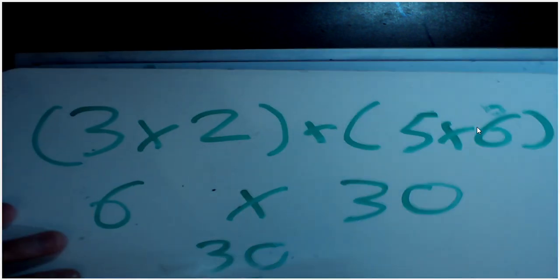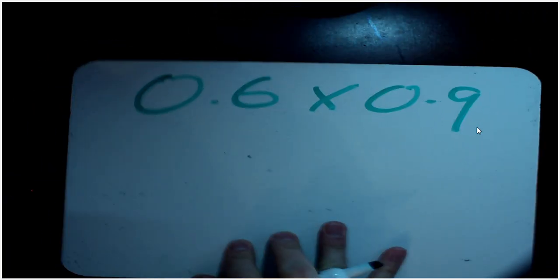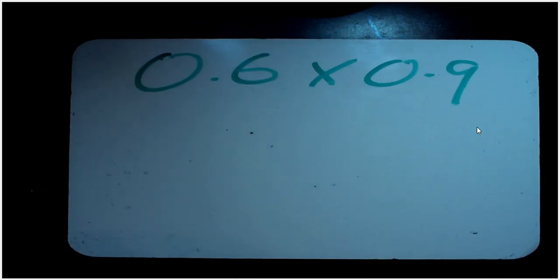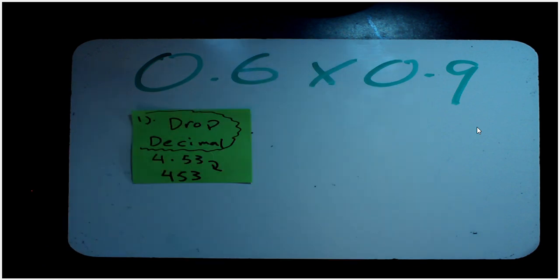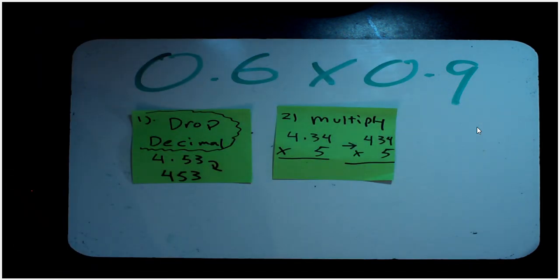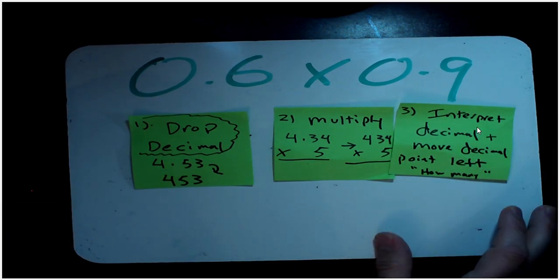So why are we talking about these multiplication properties for these decimal problems? Well, let's look at the expression 6 tenths times 9 tenths. You knew from the method that we did the other day, the steps would be to drop the decimal, multiply this as a normal multiplication problem, and then interpret the decimal by moving it to the left however many decimals you had in this problem.